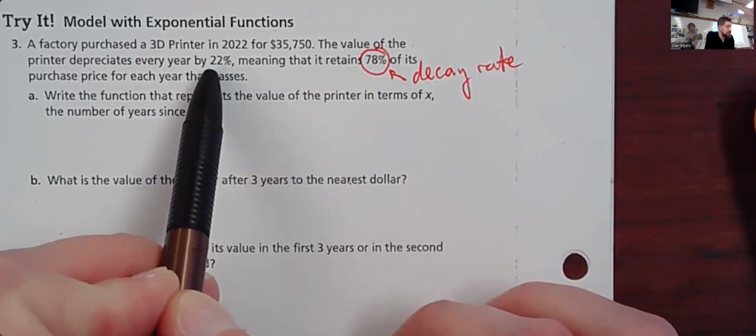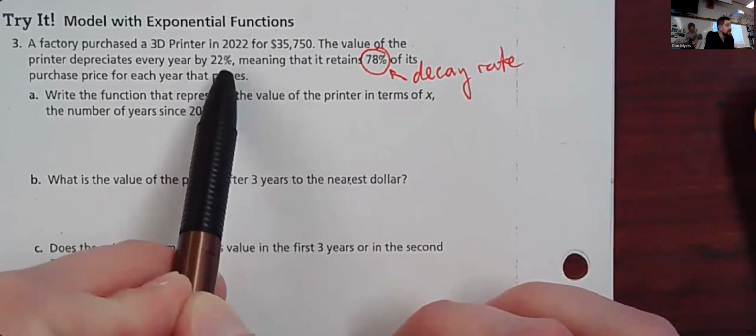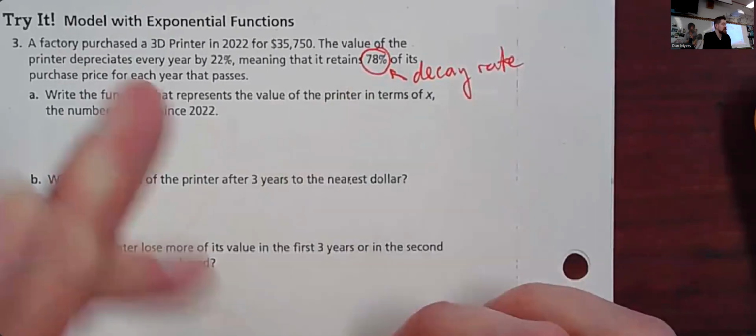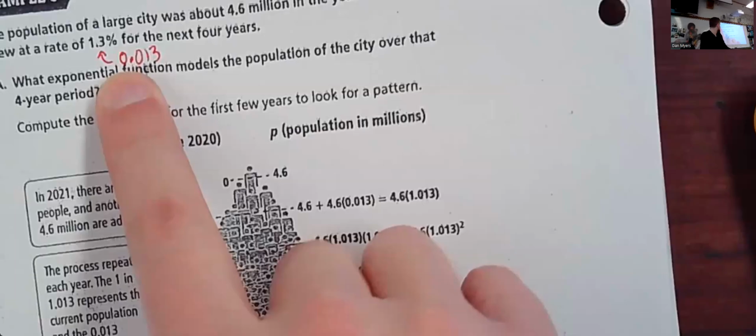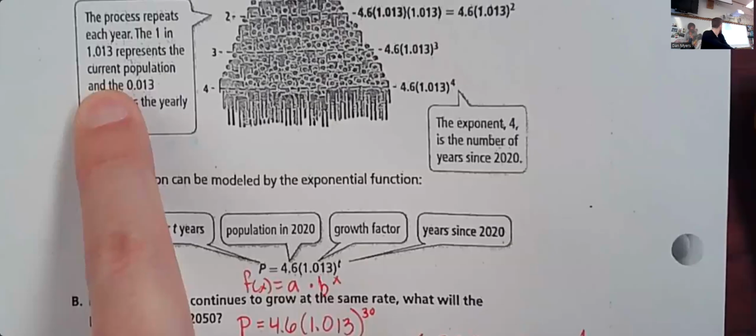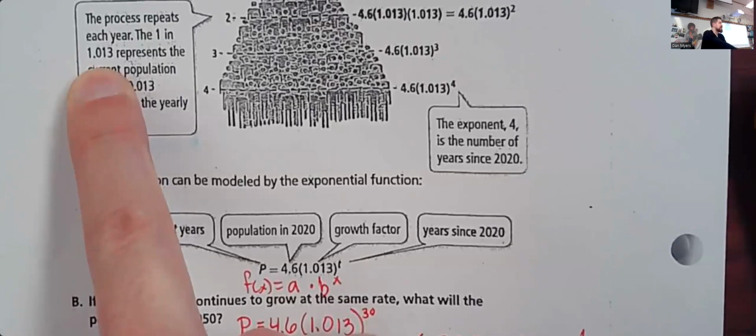Does that make sense? So you're not trying to figure out how much money it lost. You're trying to figure out how much it's still worth. You're not trying to figure out how many people were gained every year in the population. You're trying to figure out how many people there are in the population.